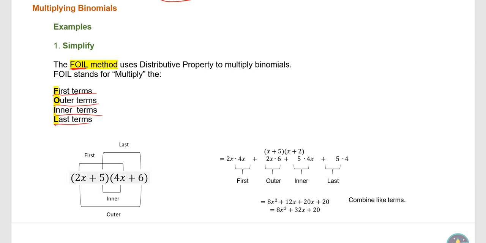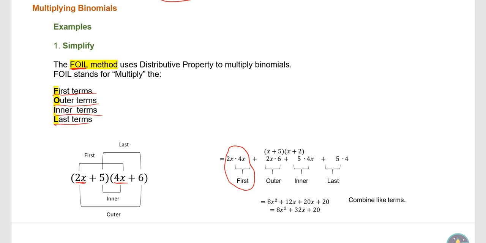So here we have two example binomials multiplying each other, 2x plus 5, parentheses, and then times 4x plus 6, parentheses. Now the first terms are just the first term of each pair of parentheses. So 2x times 4x. So this is the first term.